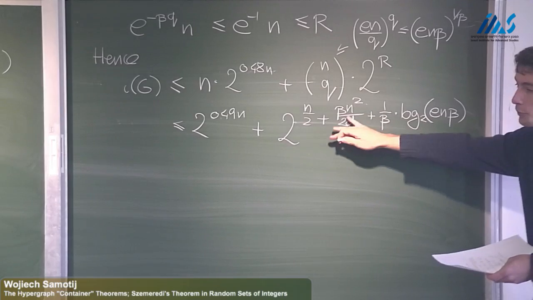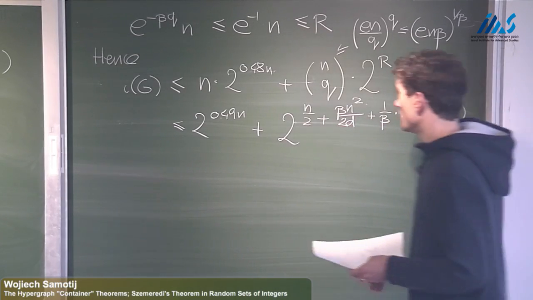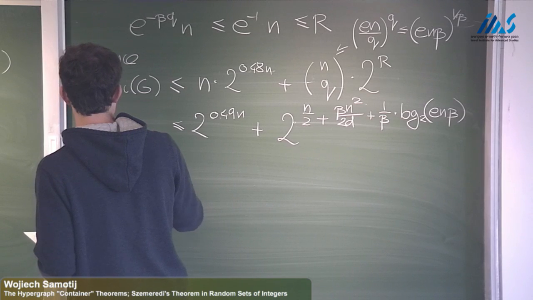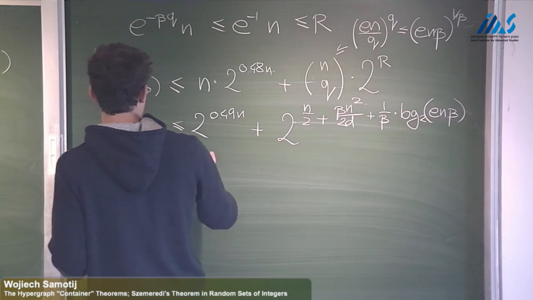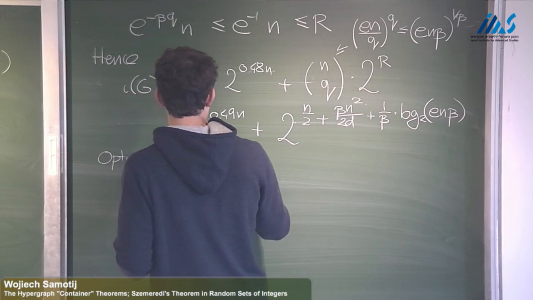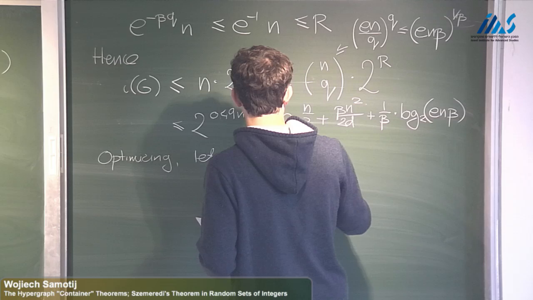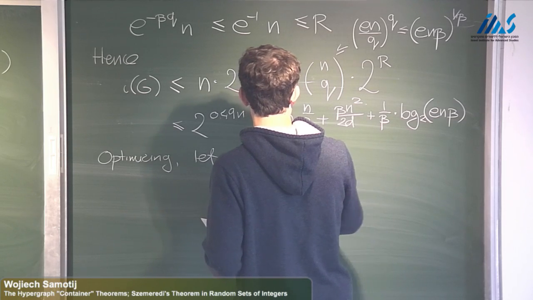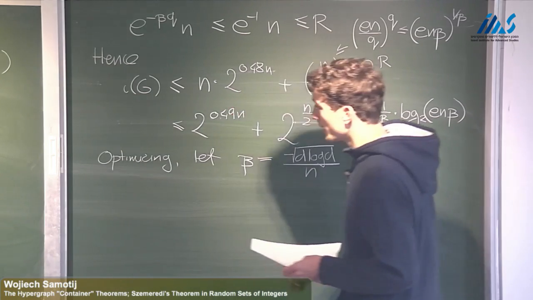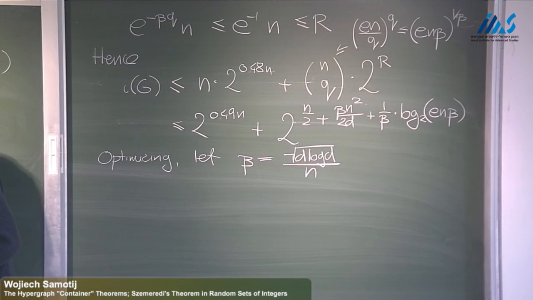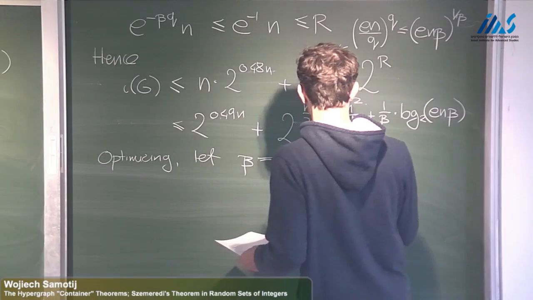And now we optimize for beta. So optimizing for beta, we let beta be the square root of d log d divided by n. And then indeed, if d is sufficiently large, then square root of d log d is greater than 10.